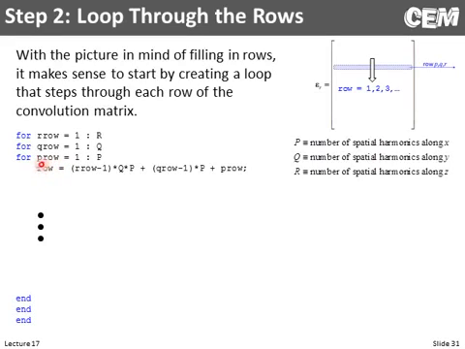This parameter row is going to go 1, 2, 3, 4, 5, 6, and all the way through however many spatial harmonics we have. All this loop does is take us downward in the convolution matrix and tell us which row we need to fill in. All this code is doing is locating the row.